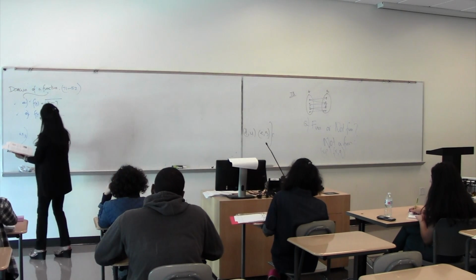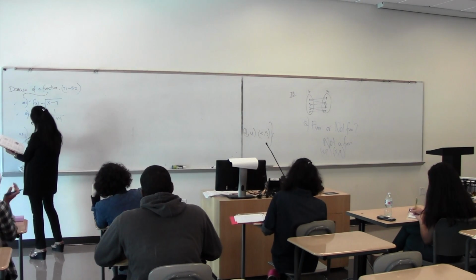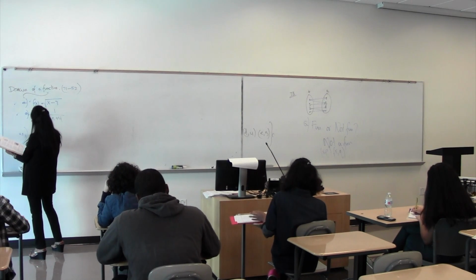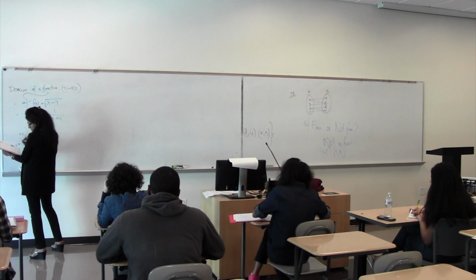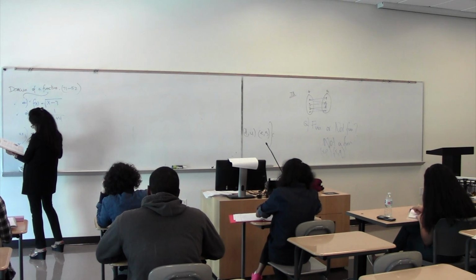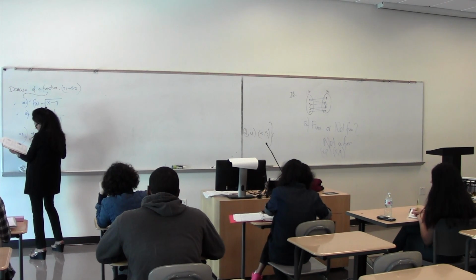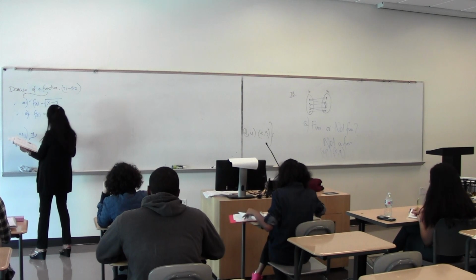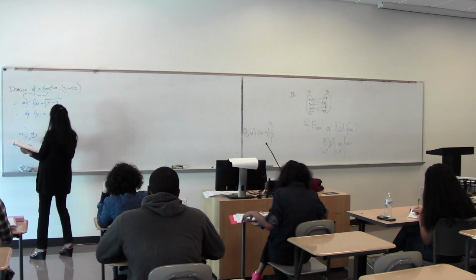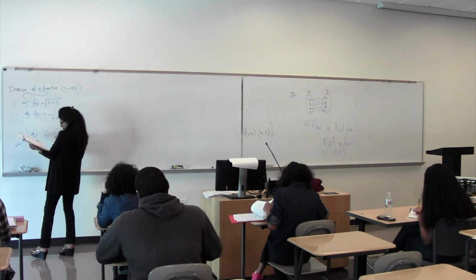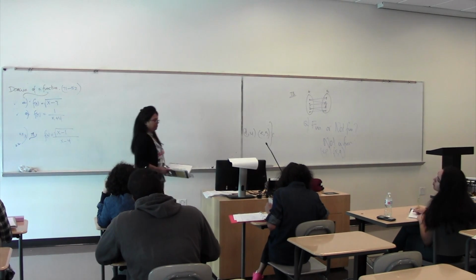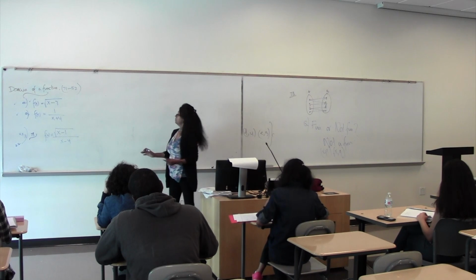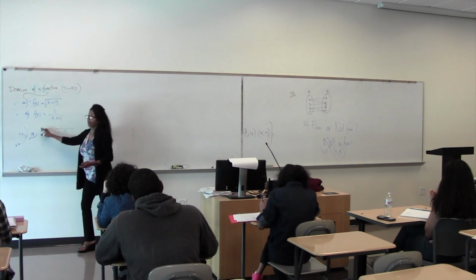Example number 3, number 79, from 2.2. f of x is equal to the square root of x minus 1 over x minus 4. So guys, we have this function now.